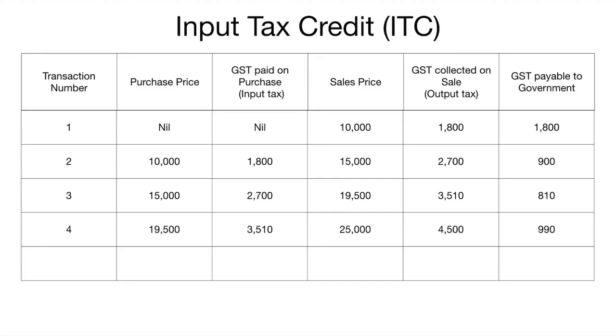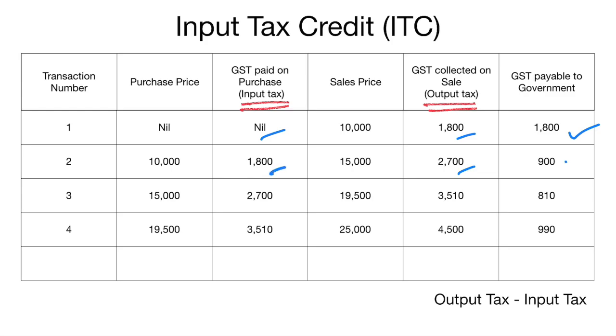We will study the table. See the last column, GST payable to government. Let us apply one formula to this column and check if it fits right: output tax minus input tax. Let us see if it fits. In the first transaction, output tax 1,800 minus input tax 0. Does it fit? Yes. Second transaction: output tax 2,700 minus input tax 1,800.